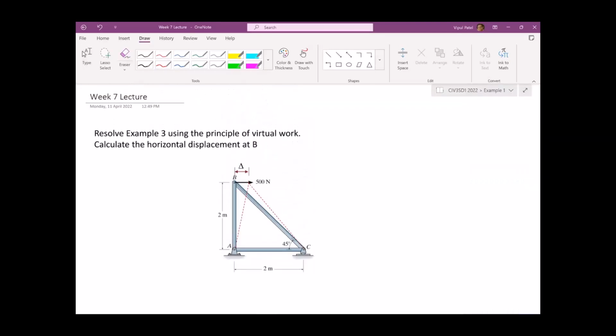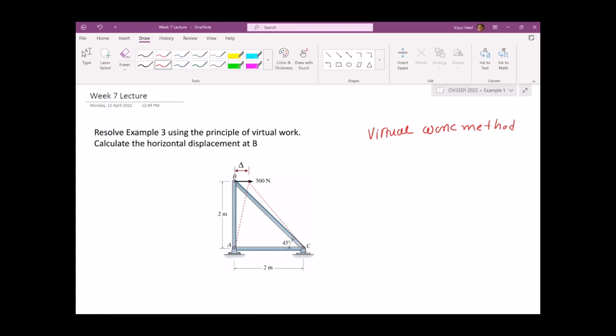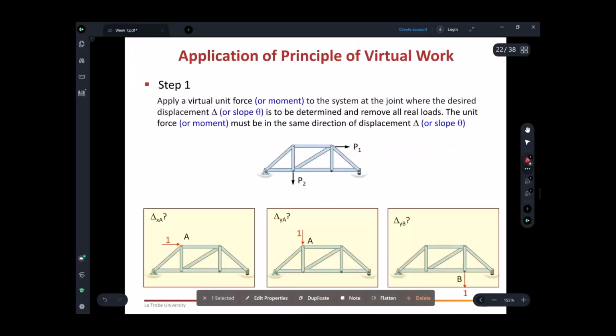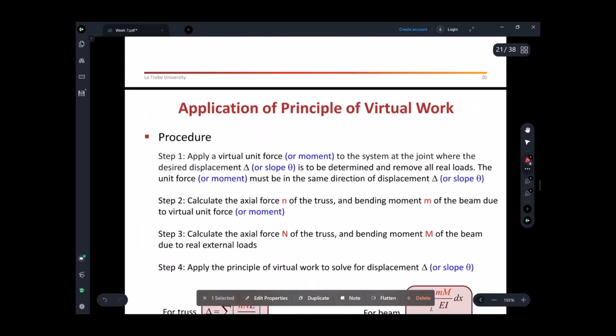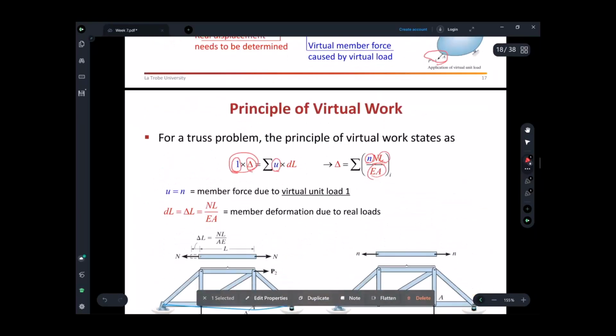All right, so what we need to do is use the virtual work method to find the displacement delta at point B. So what is the formula? I think the formula is given here for truss. Here you go.